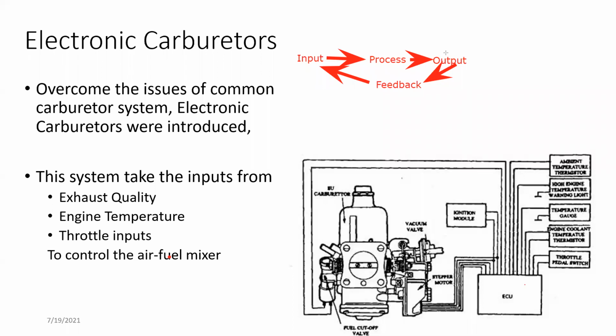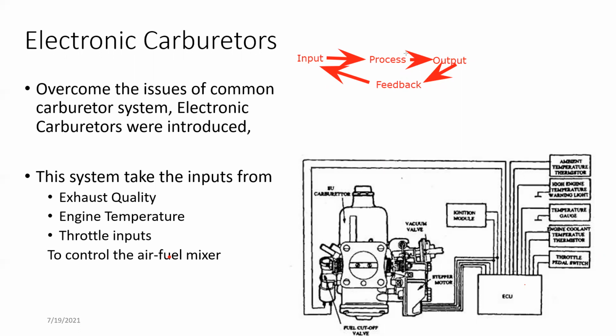So the problem with the carburetor is that it's missing this section. There's no feedback, and no way for us to interfere and control it. That is the disadvantage of a carburetor. Because of that, once we set the fuel at a certain level, it never changes.